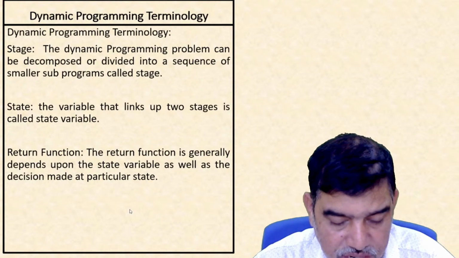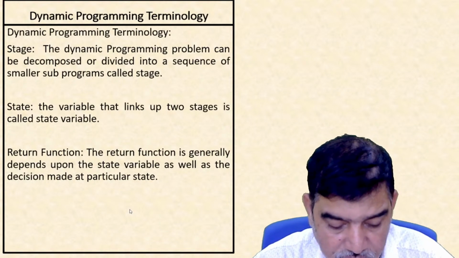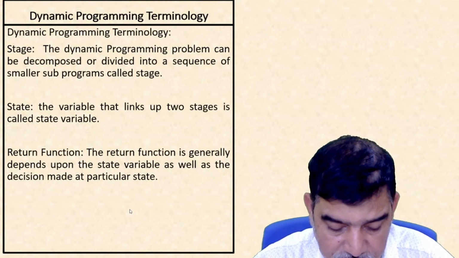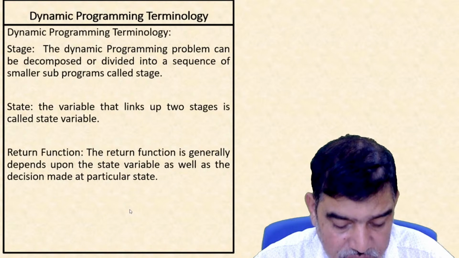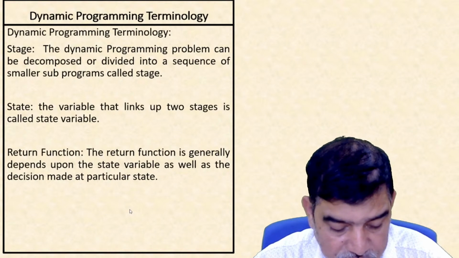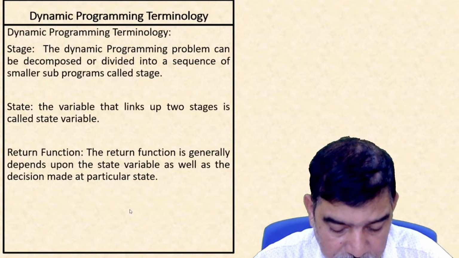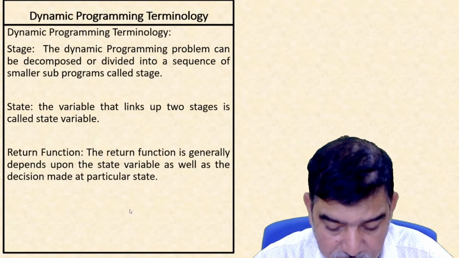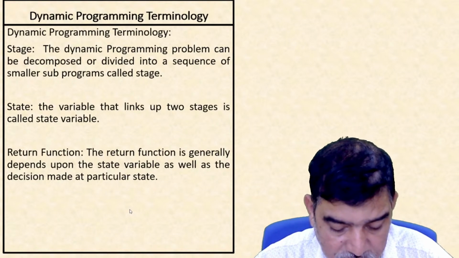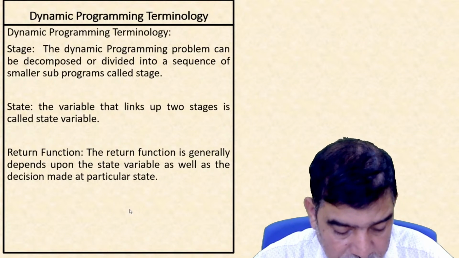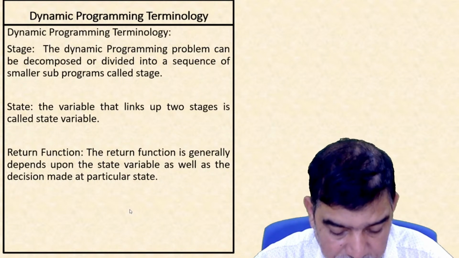This equation is generally called a return function, since for every set of decisions a return on each decision is obtained. This return function depends upon the state variable as well as the decision made at a particular stage. An optimal policy or decision at a stage yields the optimal, that is maximum or minimum, return for a given value of the state variable.